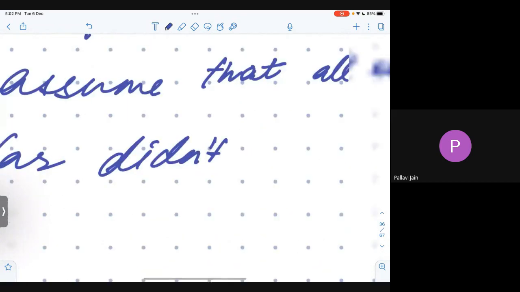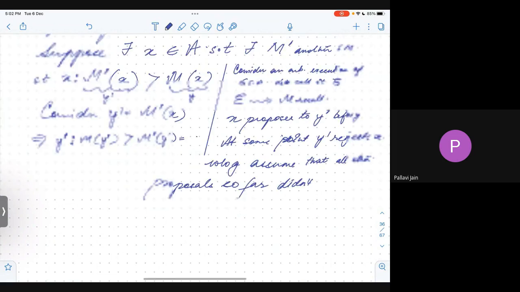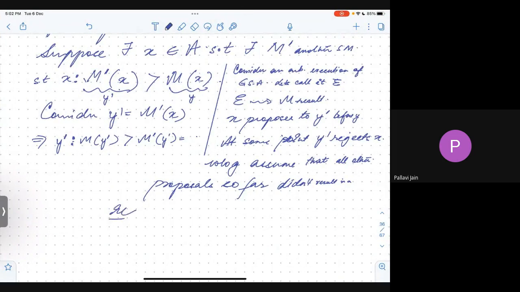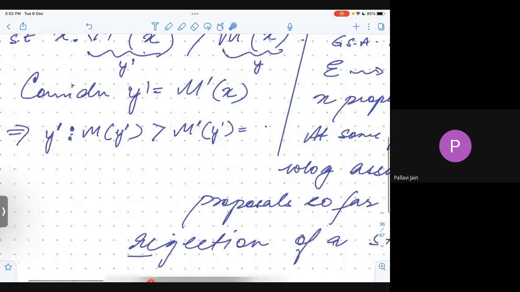Let me write it and then I'll explain. So it's clear that for Y prime, both X and whoever this is are matching partners in some stable matching, distinct stable matchings.